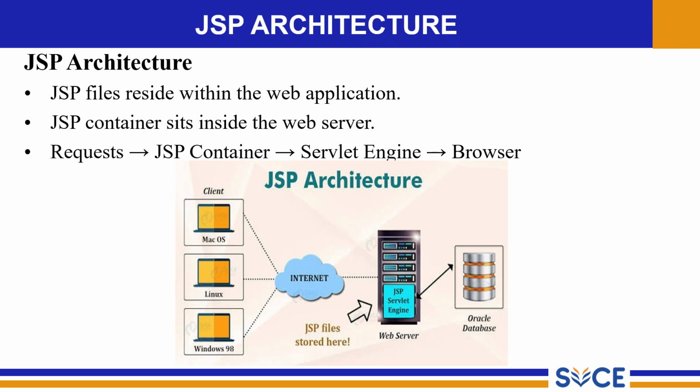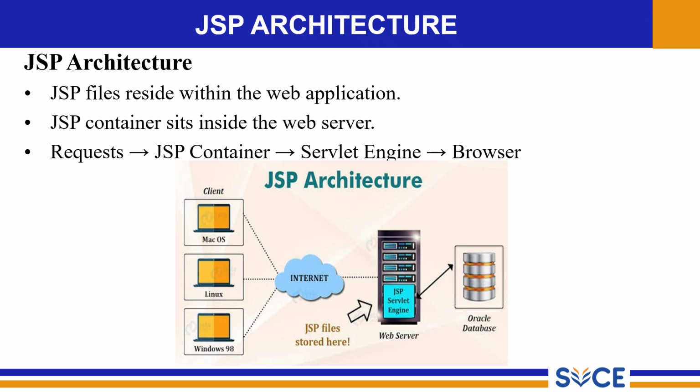The server's job is to determine the type of content being requested. Recognizing that the file is a JSP page, the web server does not process it like static HTML. Instead, it forwards the request to a specialized component known as the JSP container. The JSP container is embedded within the web server or application server such as Apache Tomcat.